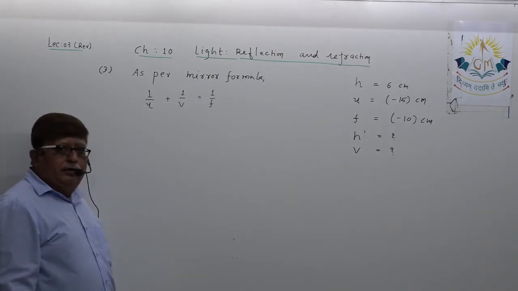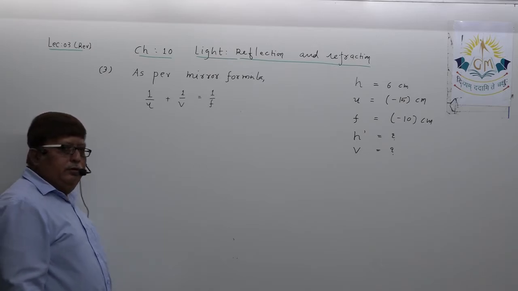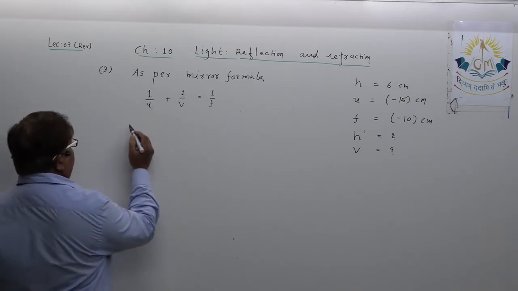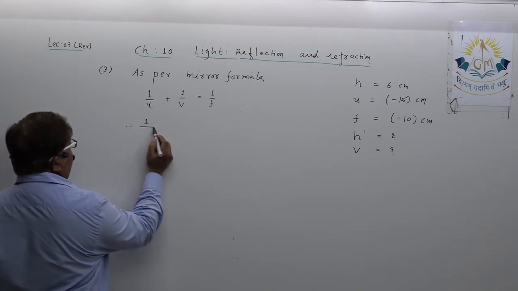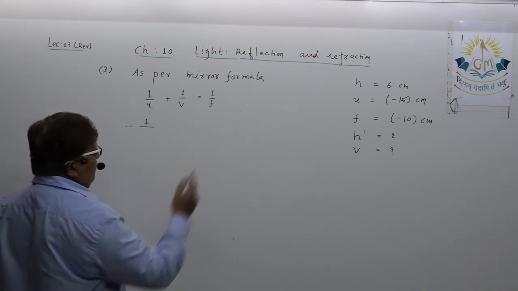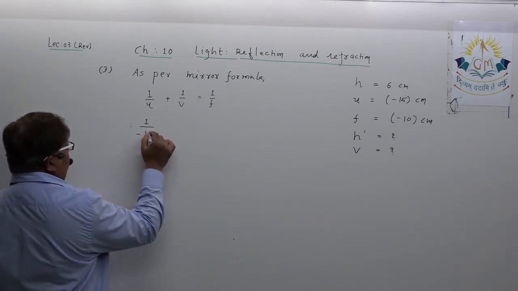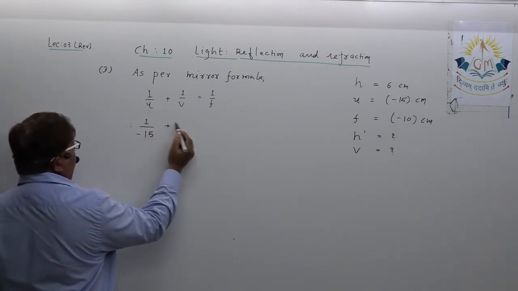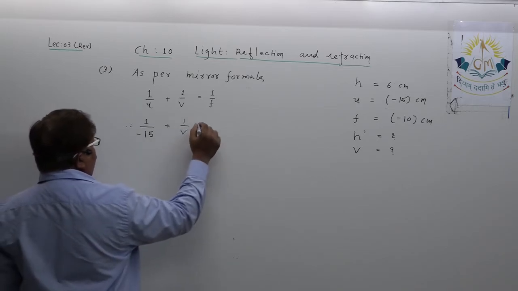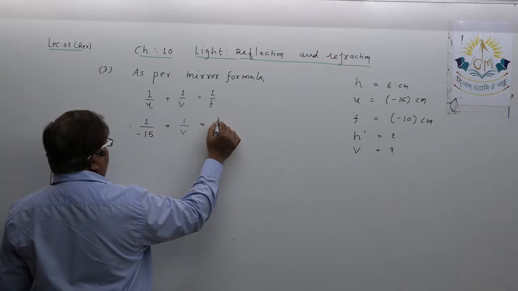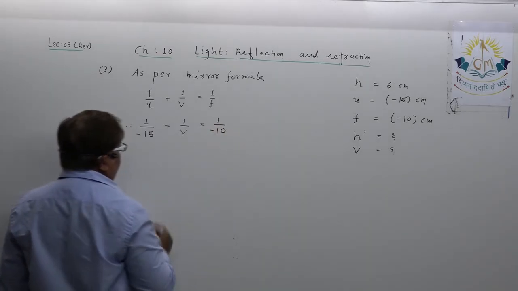Now let us substitute all the given values. 1 upon u, we already have minus 15, plus 1 upon v, we are looking for it, equals 1 upon minus 10.